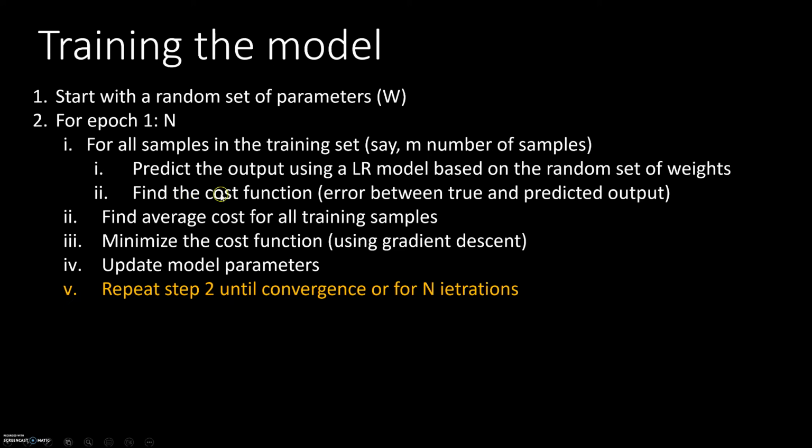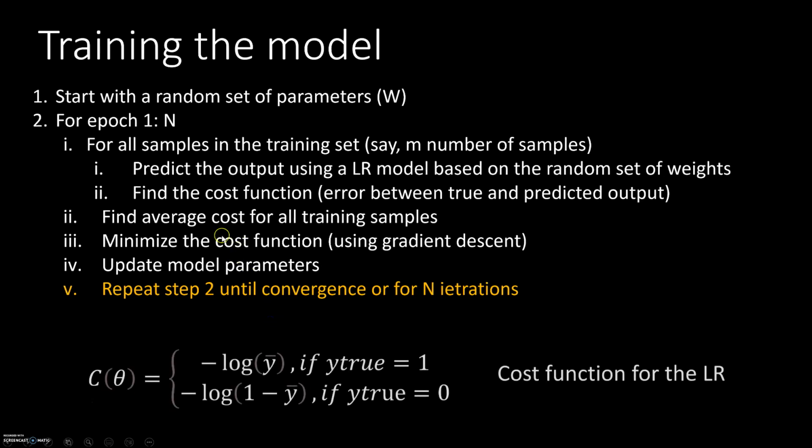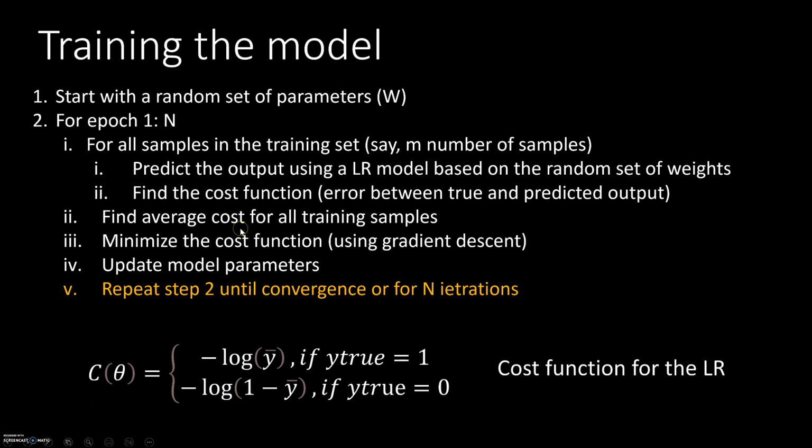Once we do that, we update the model parameters and repeat this step n number of times. Eventually, we get the model parameters that satisfy our problem, and we have our trained model.